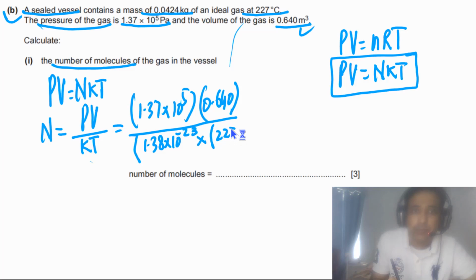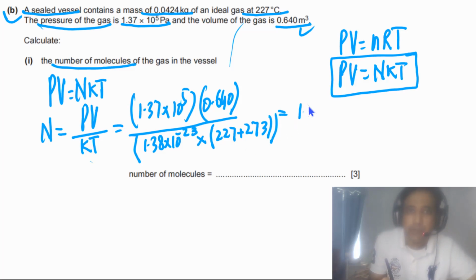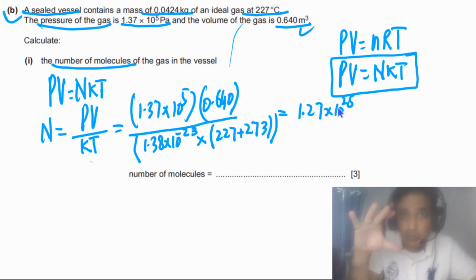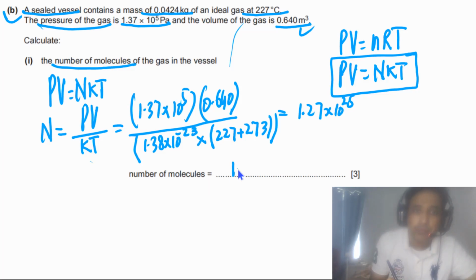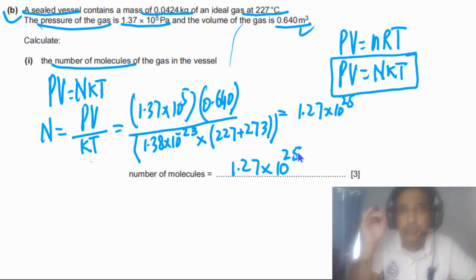So we have to convert it into kelvin by adding the constant 273. If we solve this, we get 1.27 times 10 to 25. So these are the number of molecules of the ideal gas present in the vessel. Simply, 1.27 up to 3 SF times 10 to 25 molecules in the vessel.